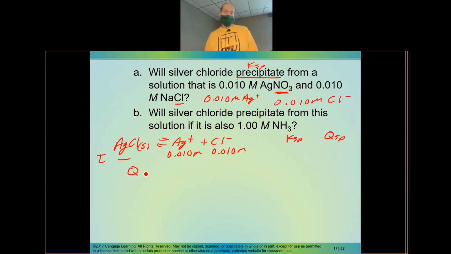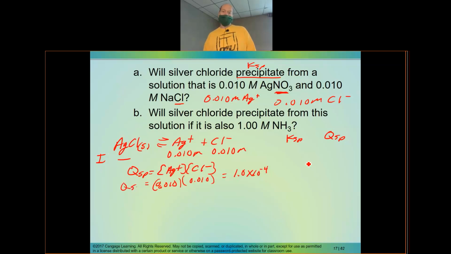And so when we find our QSP, it is the Ag plus times the Cl minus. But Q means it's going to be in an initial state, not equilibrium. If we're doing equilibrium, we're getting a KSP. So we put in our 0.010, we put in our 0.010, and we get 1.0 times 10 to the minus 4. So our QSP is 1.0 times 10 to the minus 4.